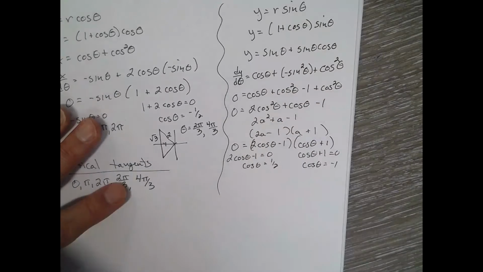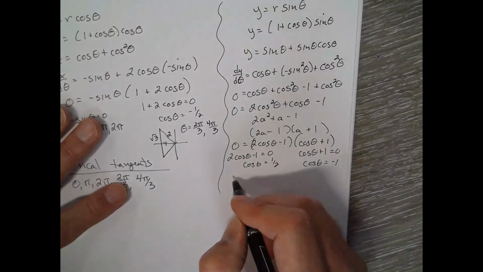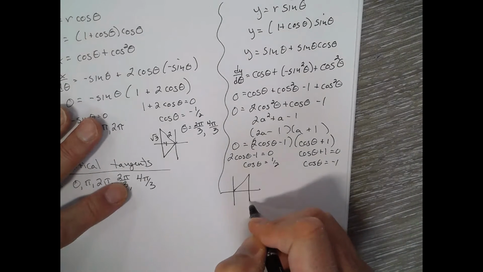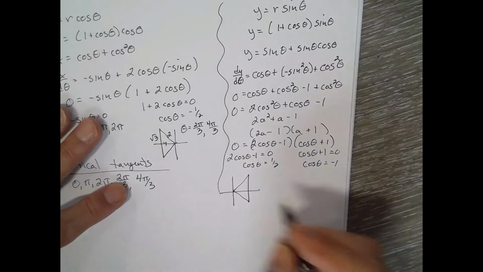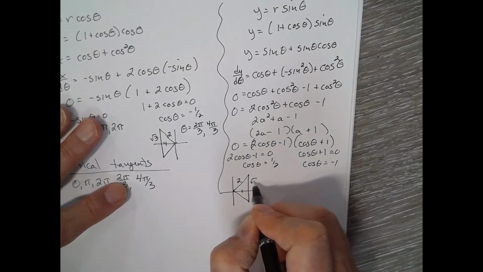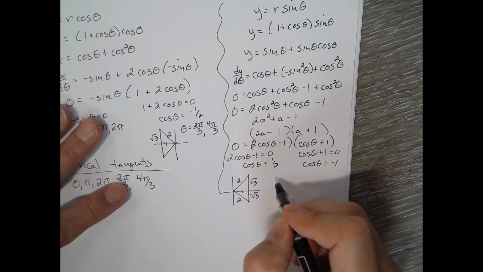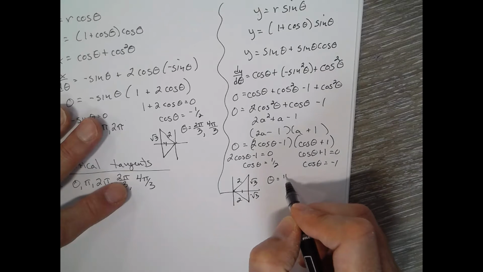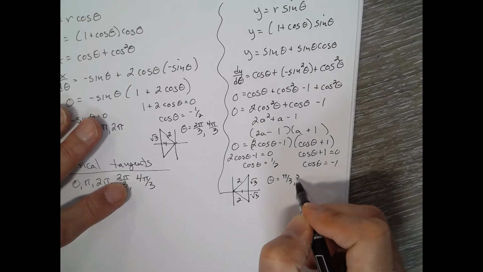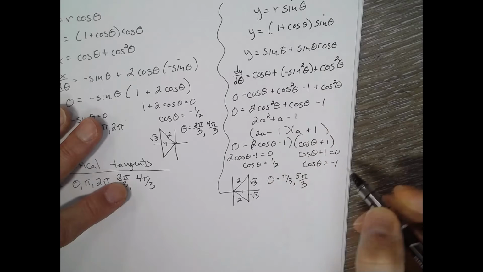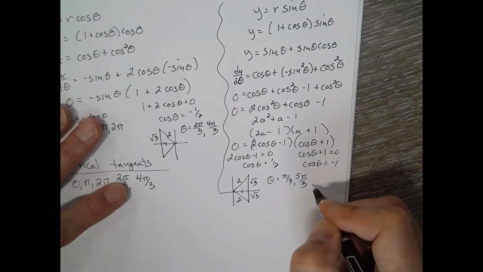Cosine is 1/2 in quadrants 1 and 4. So 1, 2, square root of 3. So that's 60 degrees, or pi over 3, and 5 pi over 3. And cosine's -1 at pi.